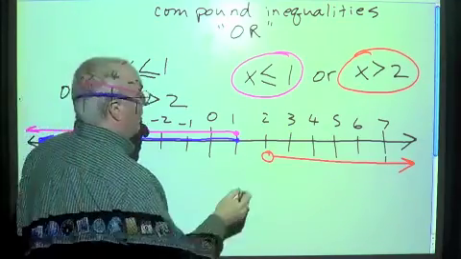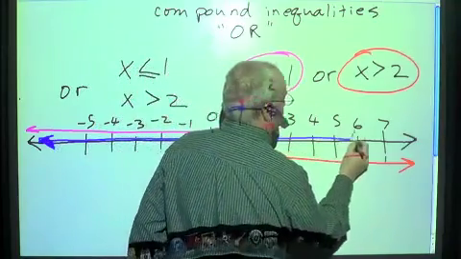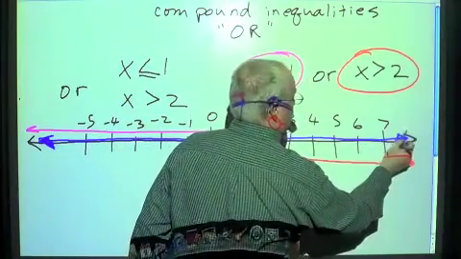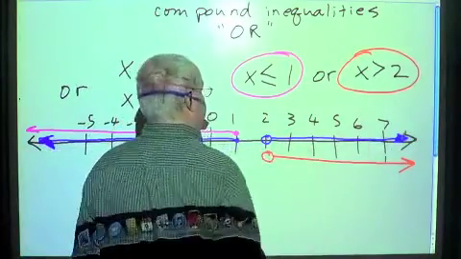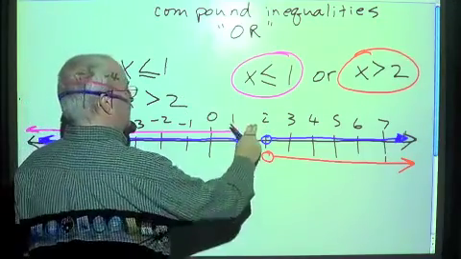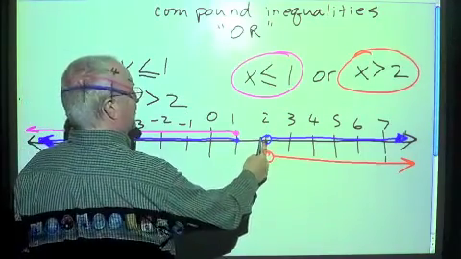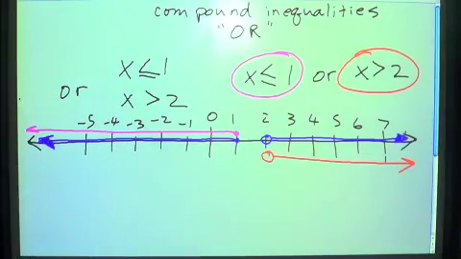Or X is greater than 2. They don't meet, they go different directions. It lets us know X can be everything, but what's in between? It cannot get to a 2, it can come up to it, it can equal a 1. And that's how you would graph that.